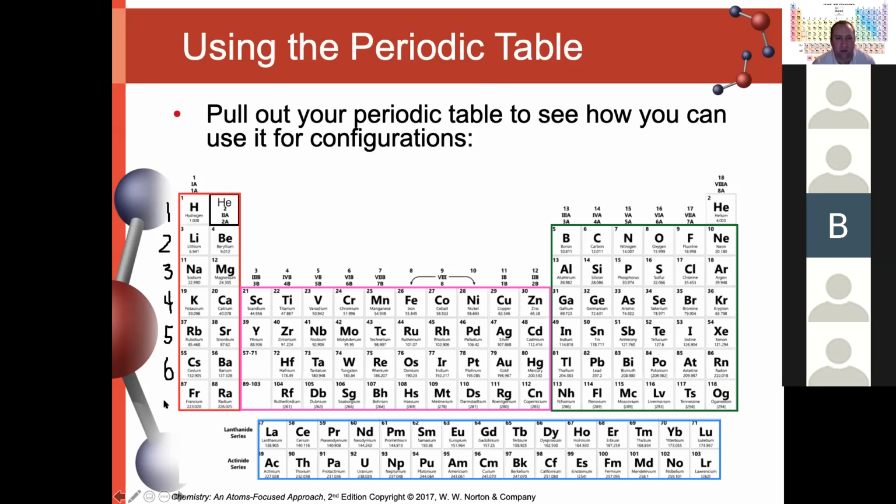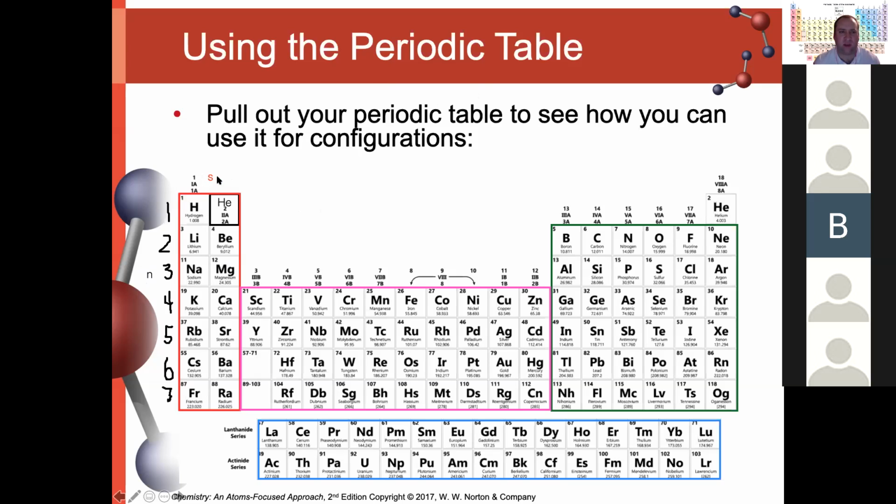Now these numbers, these period rows, represent the world's crappiest N. These represent energy level. So these are values of N. Now the red zone here represents the S sublevel.